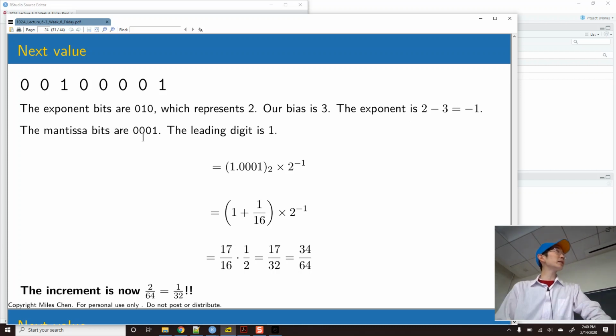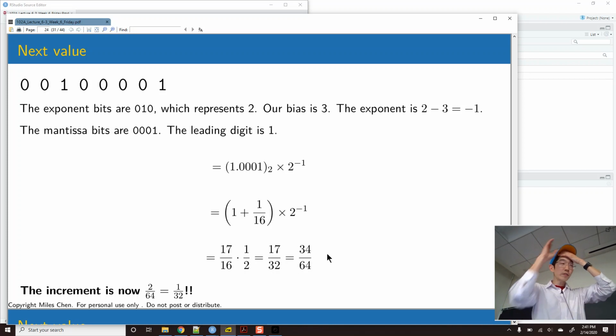The mantissa bits are 0, 0, 0, 1, which means the leading digit is 1. So this becomes 1 and 1/16, or 17/16, times 1/2 becomes 17/32, okay? And so my increment goes from 1/2 to 17/32, or my increment is 1/32, okay?